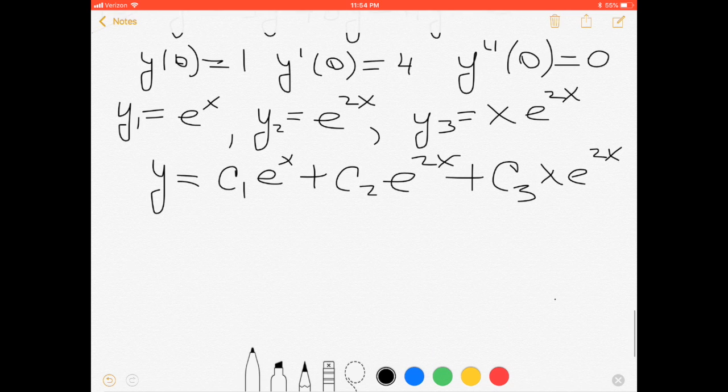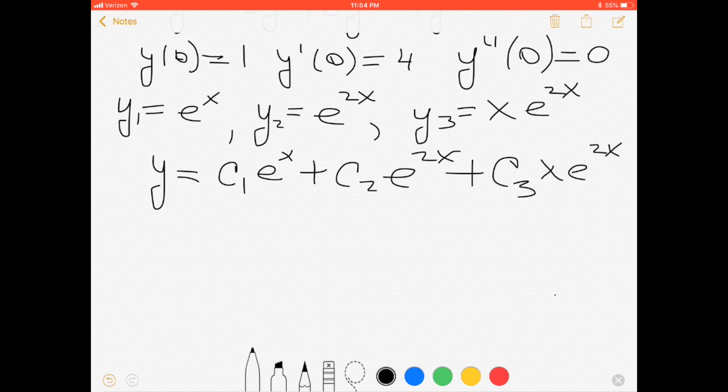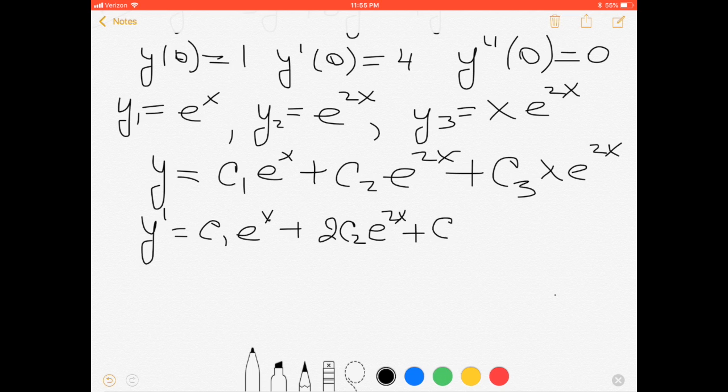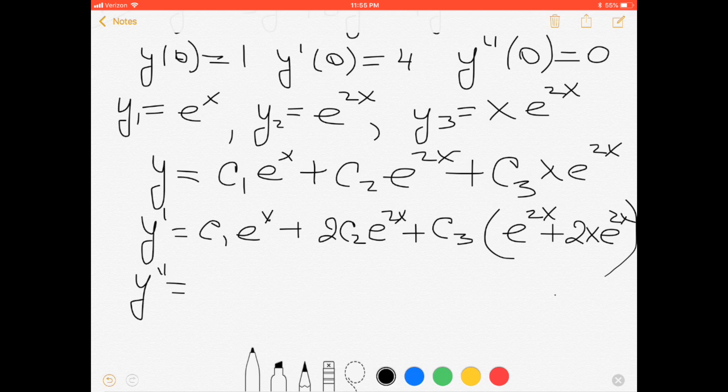Because we have an initial point here, I need to find the first and second derivative. First derivative gives me c1 e^x plus 2c2 e^(2x) plus c3 times (e^(2x) plus 2x e^(2x)). I'm not distributing or simplifying because I think it's comfortable enough.